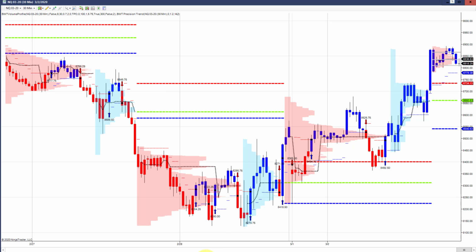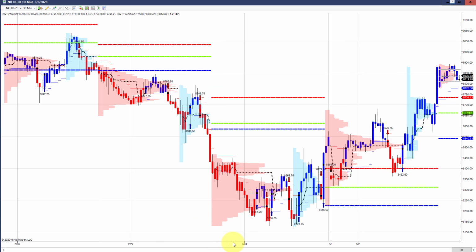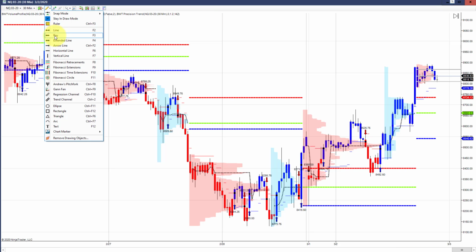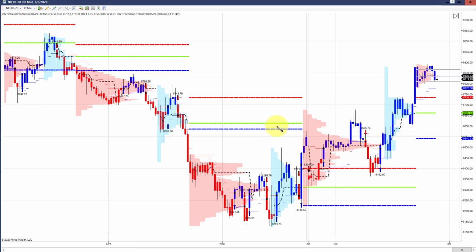And these levels by themselves can be very good zones to trade for. The market will note these levels. For example, if I draw a trend line over from the point of control here, note the resistance here in the night session, and then the support at the high of the value area from yesterday, right here.